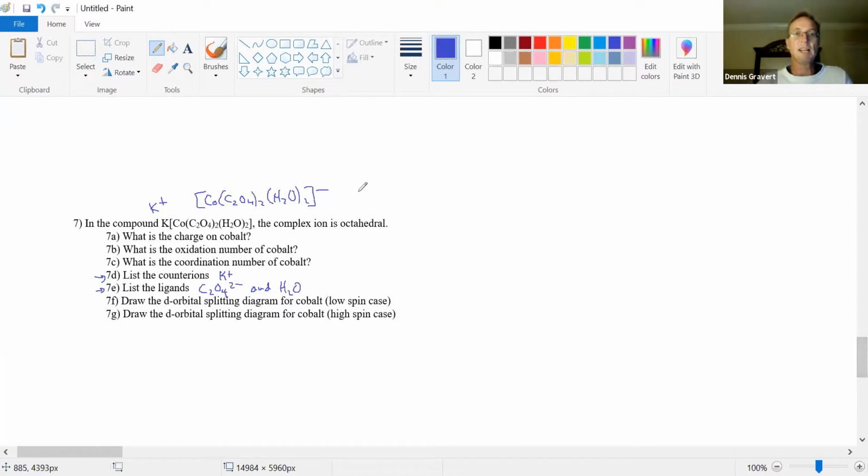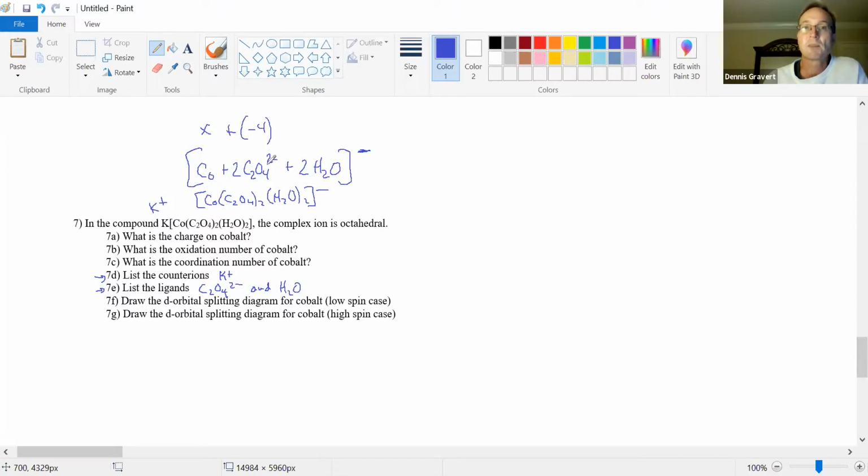Okay, so peeling away still the cobalt and 2 oxalates, each with a -2 charge, and 2 waters make up this whole complex with a net charge of -1. Cobalt, we're trying to get your charge, and the oxalate has a total of -4, right?